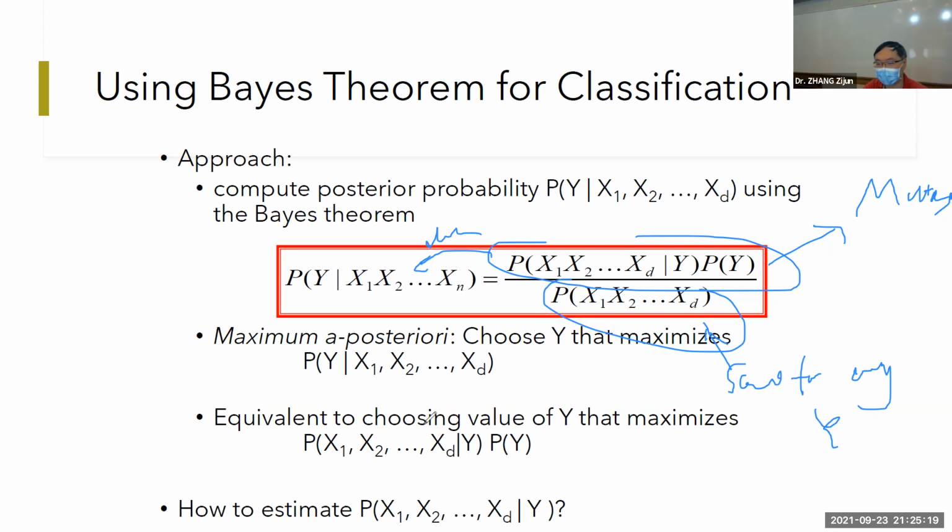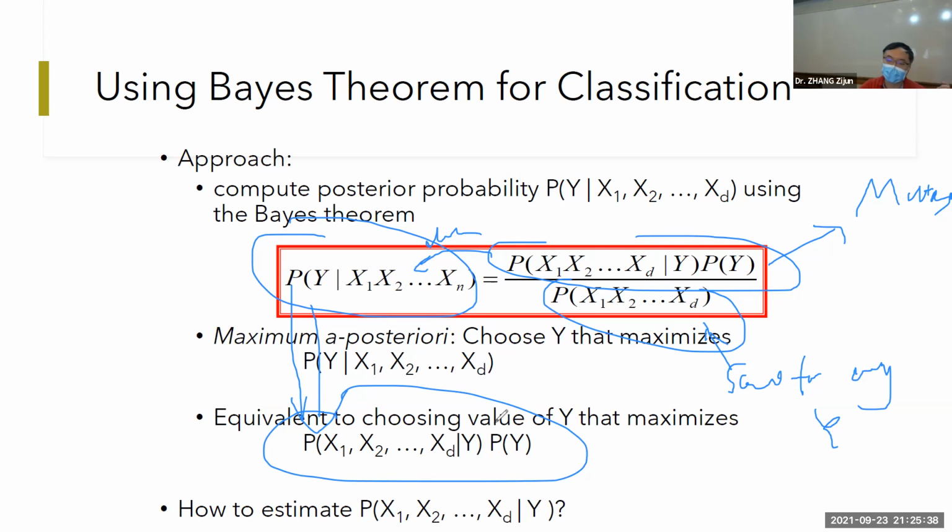So we can say it is equivalent to choosing the value of y which maximizes this term, the product of the likelihood and the probability of y. The probability of y is easy to count from the database. Then the problem is, how can we estimate this term, this likelihood?